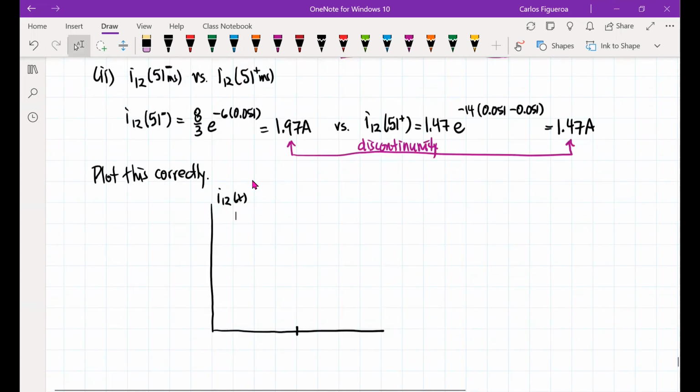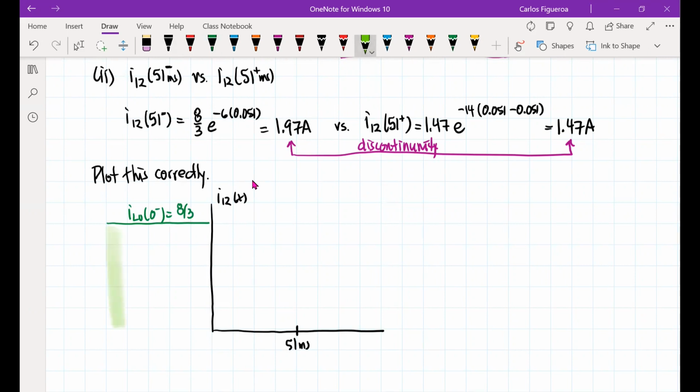So I'm going to put this to be 51 milliseconds. So I have a current coming in here. And this is IL at 0 minus, which is 8/3. So I see here that I have a constant current flow that's happening. Oh, I made a mistake here.